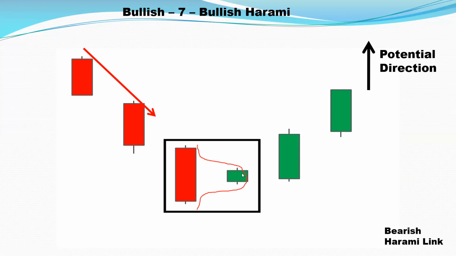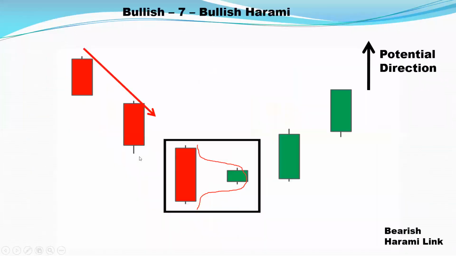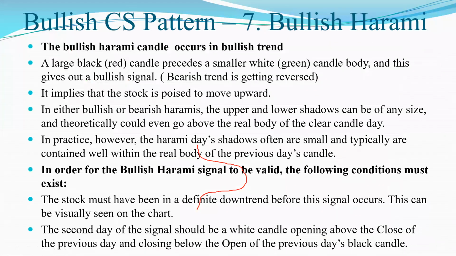So the red candle, after that a green candle, which is completely inside the body of the red candle. See here. A large red candle followed by a green candle. It tells me that the bearish trend is over. Now I am likely to see the bullish trend.